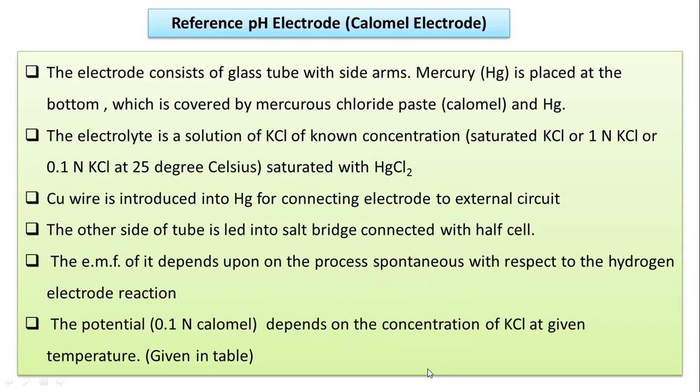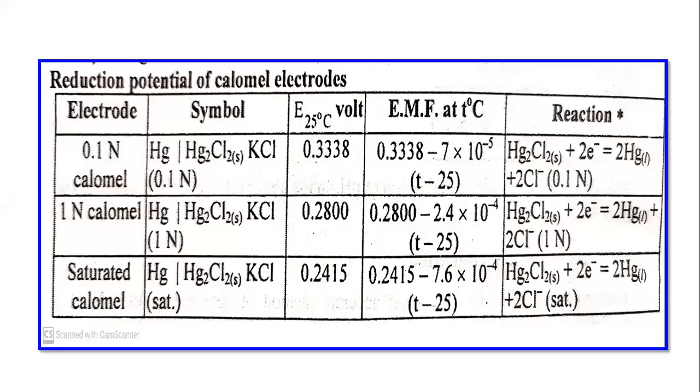So there are different concentrations of the KCl, and their electrode potential or EMF can be calculated via the experimental setup. 0.1 normal calomel with this reaction cell has this much electrode potential and EMF, and this is the typical reaction that happens when we consider the one normal calomel.